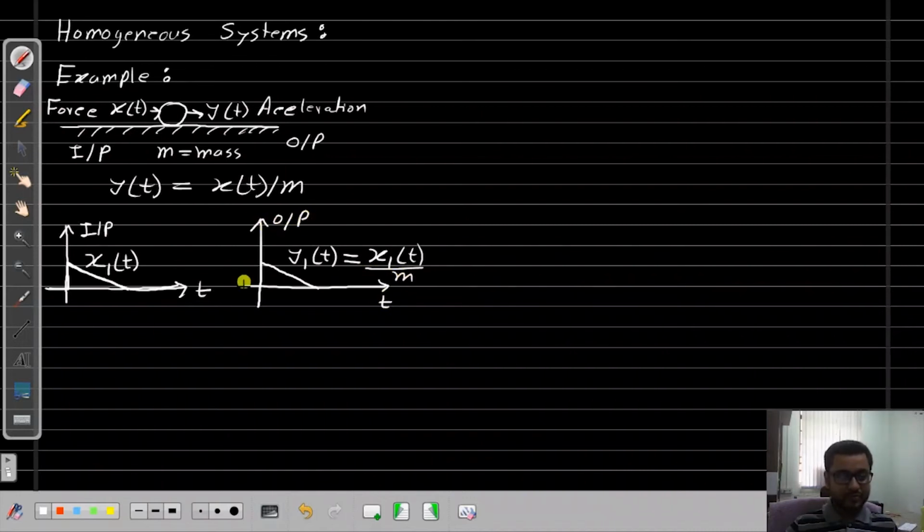This is output. Now for this system, assume that you apply a different type of input pattern, which is like this, which is larger than the previous input. Call it x2 of t, which is k times larger than the previous input x1. Now how will the output look like?